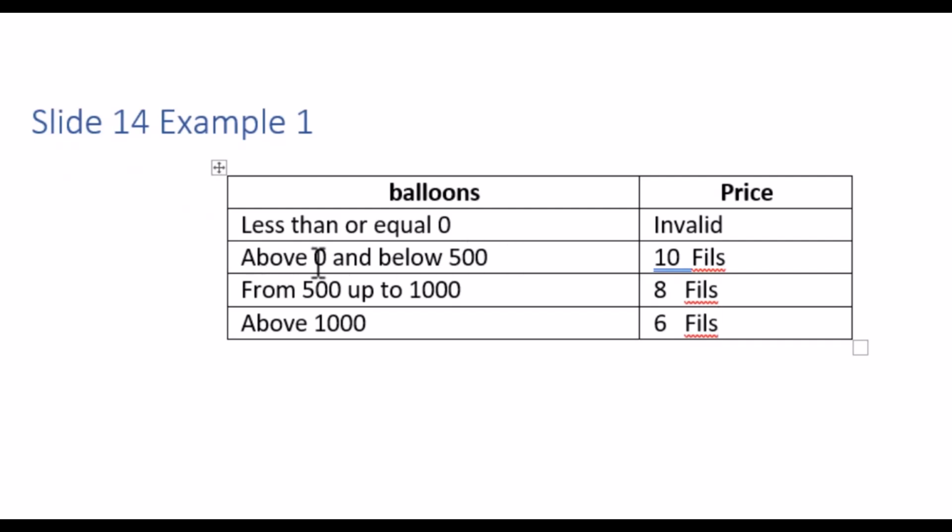So 0 is not included and 500 is not included, and we have to calculate the cost by multiplying number of balloons by 10 fils each. And from 500 included up to 1000, 8 fils, and the last condition, if it is above 1000, it is 6 fils each.